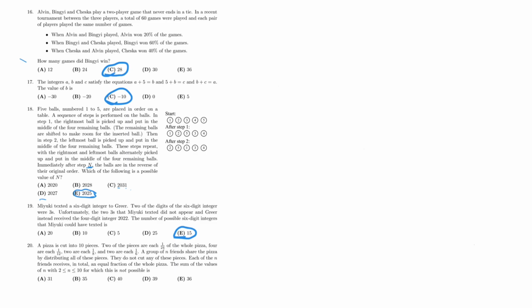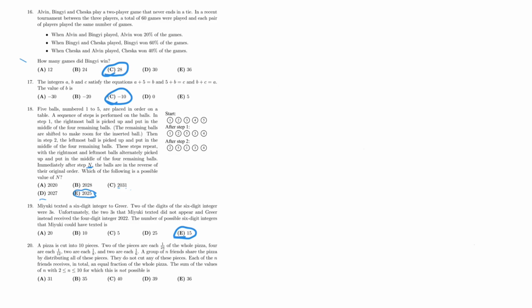Number 20, a pizza is cut into 10 pieces. 2 of the pieces are each 1 over 24 of the whole pizza. 4 are each 1 over 12, 2 are each 1 over 8, and 2 are each 1 over 6.